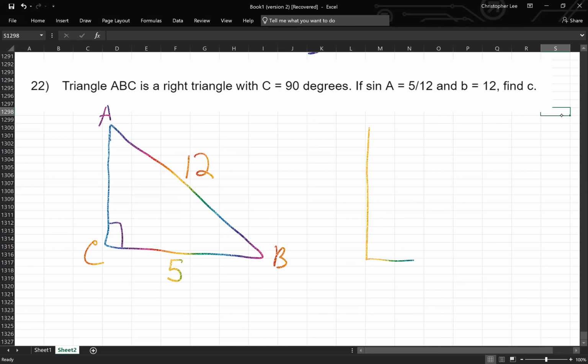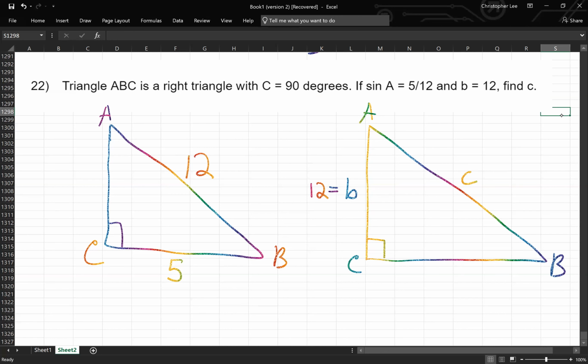I'm gonna draw another similar triangle just like this. Same thing, A, C, B, all of that. But what I'm telling you is that this leg right here, B, is equal to 12. They want to know what is this C. So sine of A is 5/12.